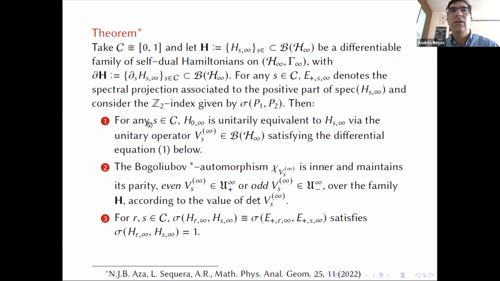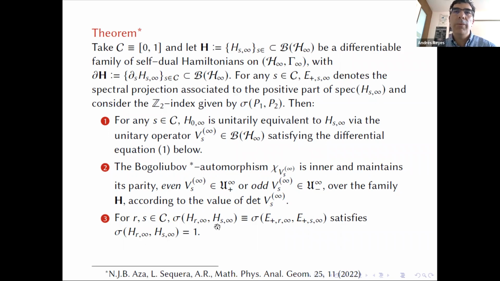So in any case, the statement is that we will be able to construct such unitary operators, and these operators satisfy a certain differential equation. I will show it in a moment. Now, the automorphism that allows us to connect the two systems will be an inner automorphism.